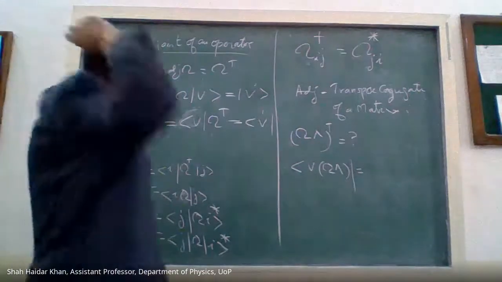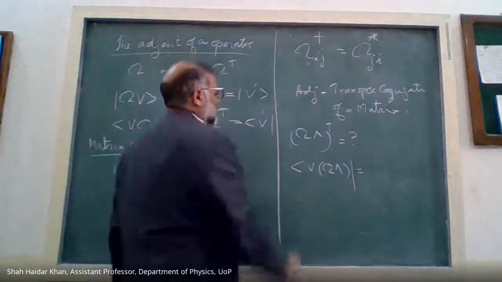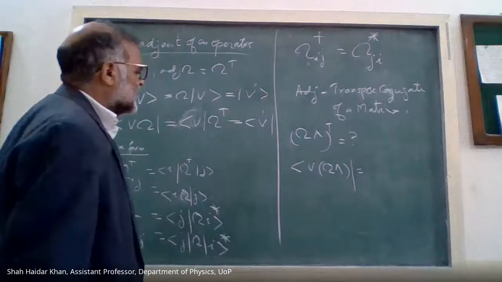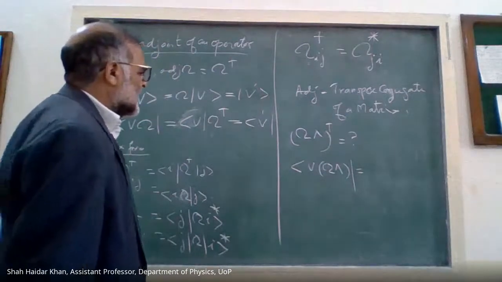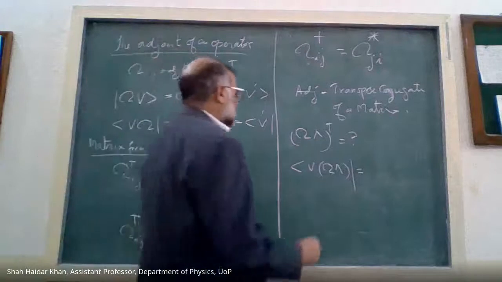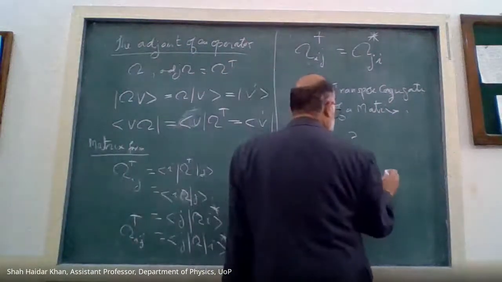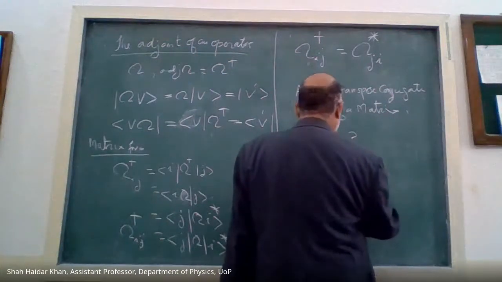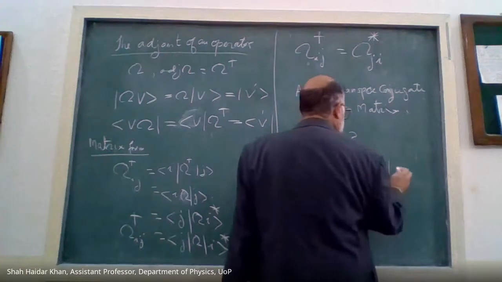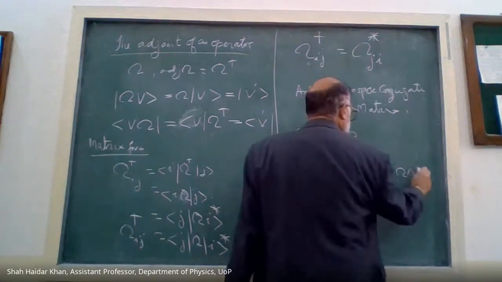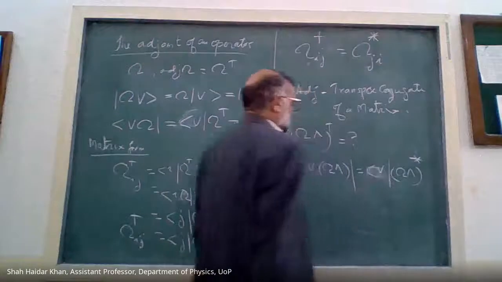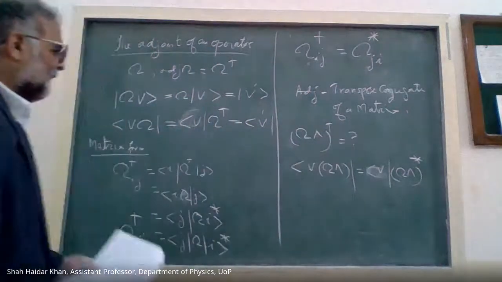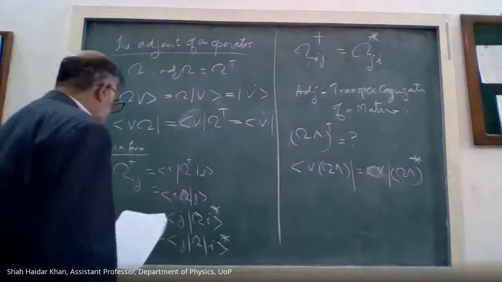This will be very simple. I'm not putting i and j here, right? It will be equal to bra V and omega lambda into V star, right?